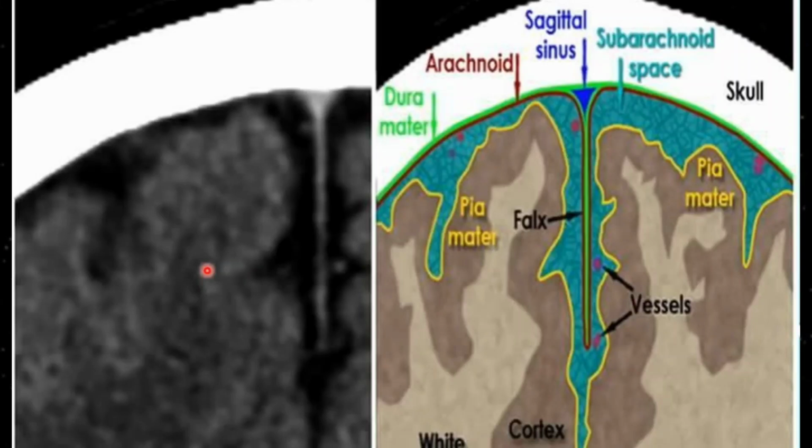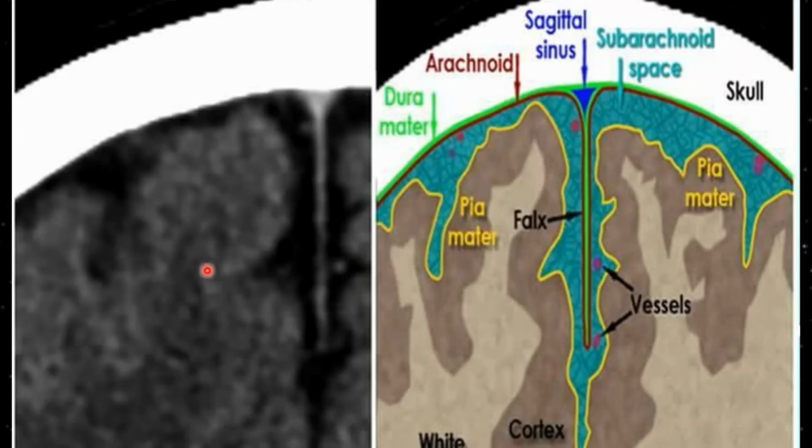Now come to the outer surface, that is the dura mater. Dura mater happens to be a very thick, very dense layer, and it is actually a fibrous tissue and keeps the brain in place. It even decreases movement when we swing our head around, so that's why it's a very thick dense layer, and it lines the inner table of the skull.